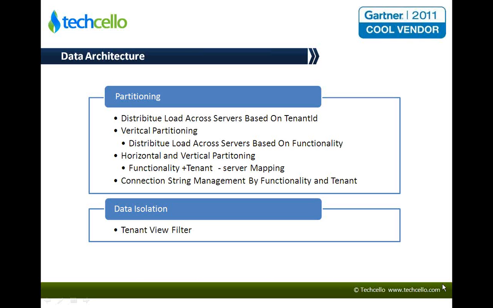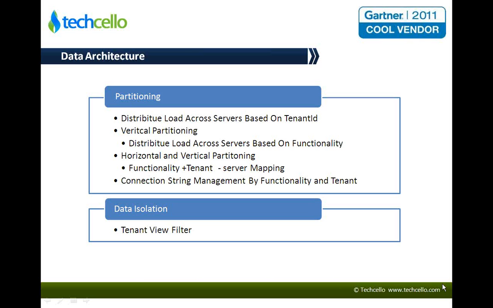So you can go in for vertical partitioning support, or you can go in for both. From your framework, you should be able to support both horizontal and vertical partitioning together. So you should understand the complexity it brings. Before you discover data, you need to know for that particular tenant where the data resides, and for this particular functionality where the data resides.